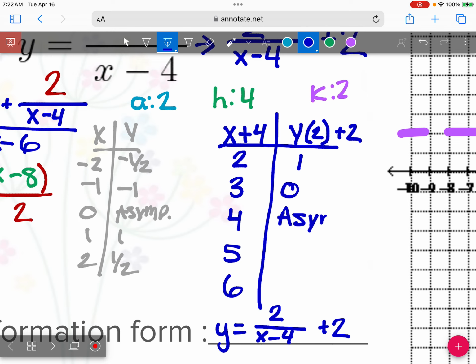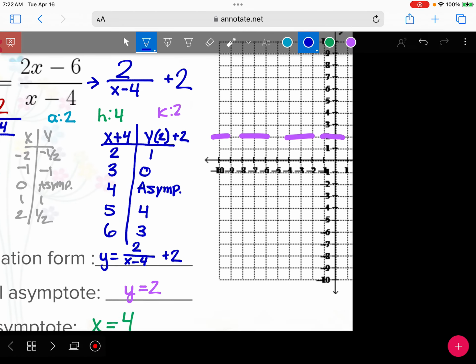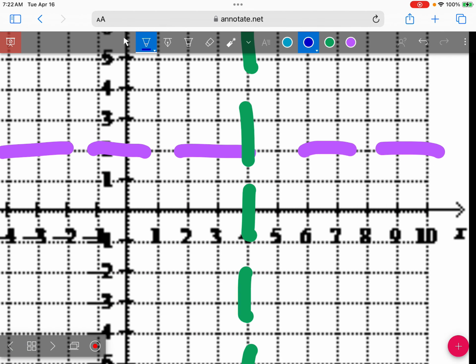This gives me my asymptote, 4 and 3. So then we plot up our points with our 2, 1, 3, 0, 5, 4, and 6, 3.